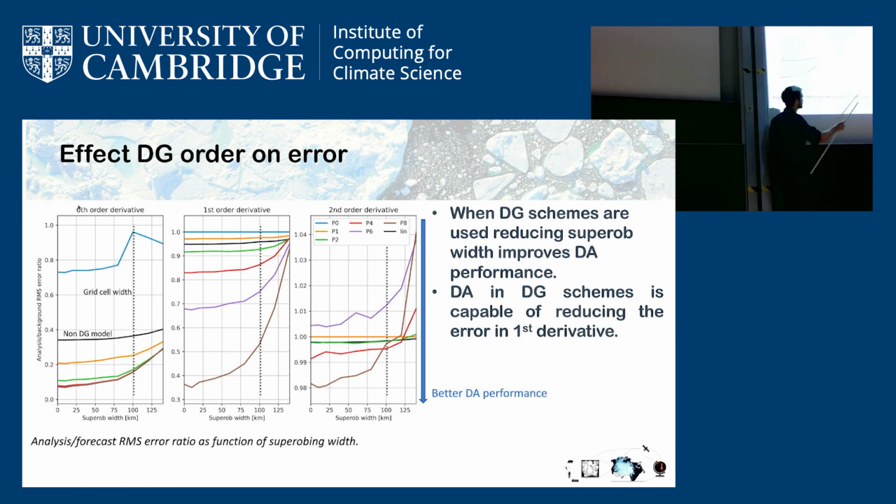The second order derivative, however, shows ratios around 1, which basically means that the DA doesn't do much. And I think that's because the DA can't separate the noise in the observations from the actual signal in the second order derivative. But it's something that needs to be looked into.